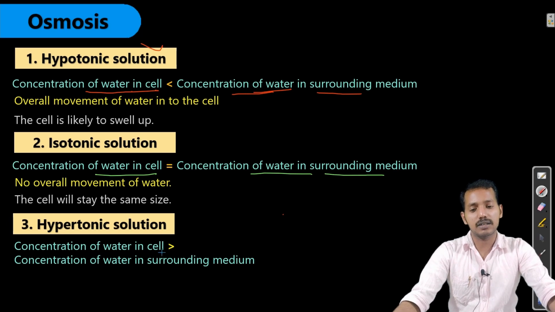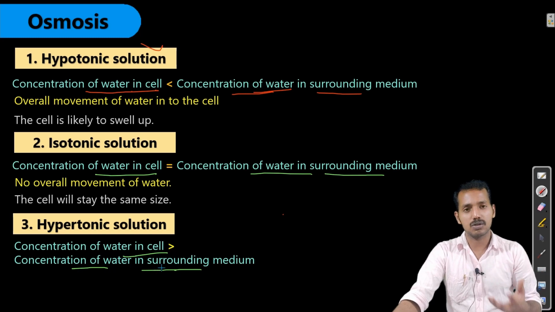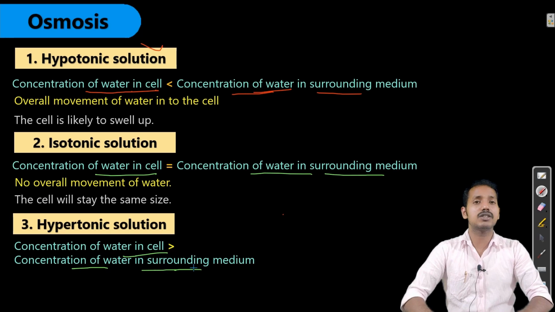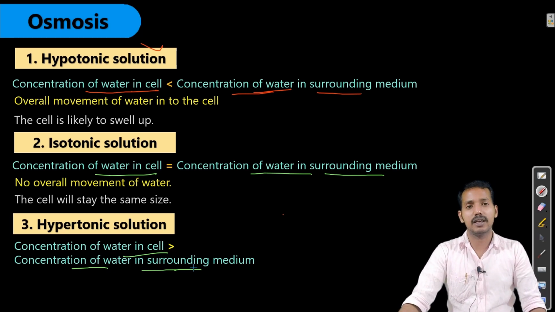The concentration of water in the cell is greater than the concentration of water in the surrounding medium. That means in the surrounding solution, whether it is salt or sugar, the amount of solute is more, which means it is a concentrated solution in terms of the solute, that is, in terms of sugar or salt.